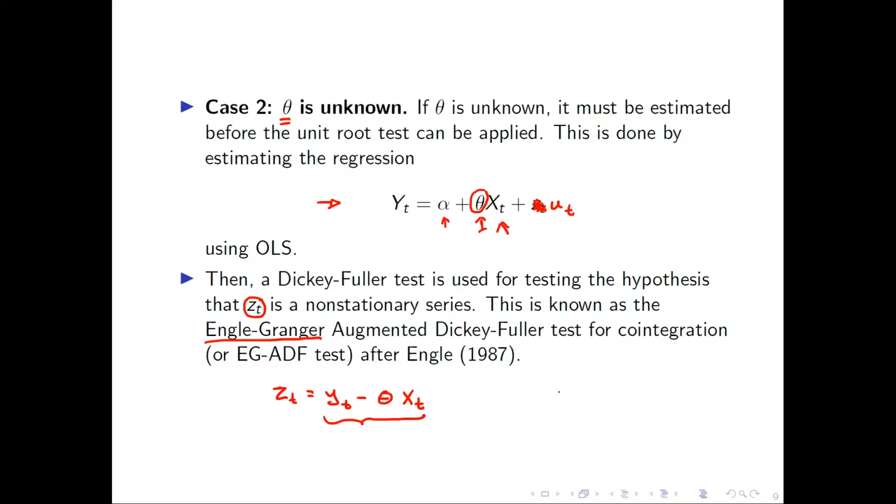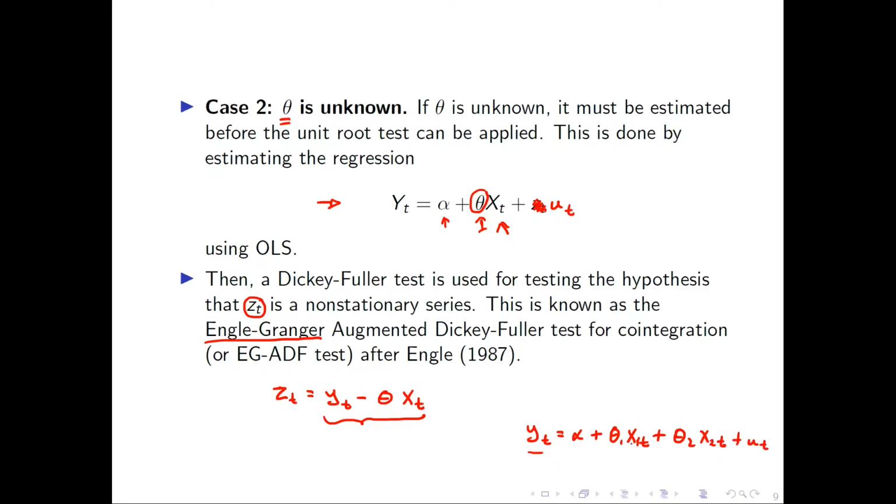However, it is possible to have a stationary relationship between several x variables and the y variable. So a combination of the y variable and, for example, theta 1 of x1t plus theta 2 of x2t plus the error term.